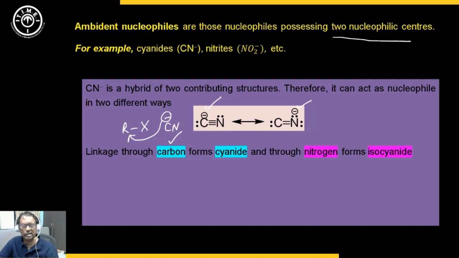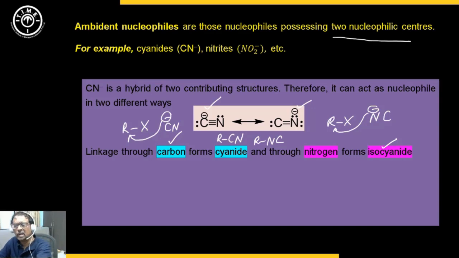This is an alkyl halide. Alkyl halides are also called haloalkanes. So the bond that is formed is between R and CN. So we get RCN. This is nothing but a cyanide. Similarly, if you have the RX attacked by the nitrogen part, then we are going to have RNC, which is isocyanide. So we get a cyanide or an isocyanide depending on what atom has donated its electron pair.